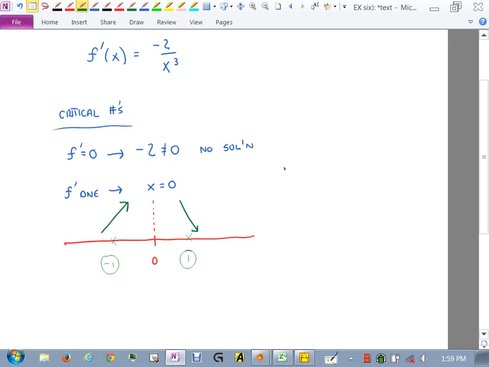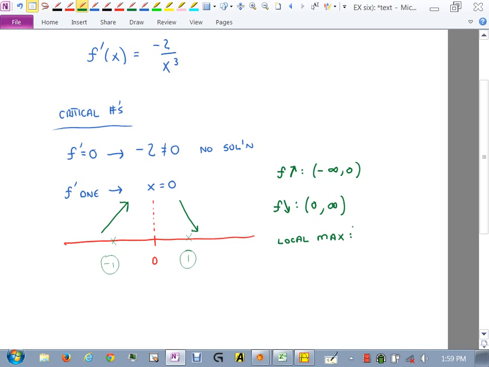Where is my function increasing? Negative infinity to 0. Where is my function decreasing? 0 to infinity. Questions? Local max.